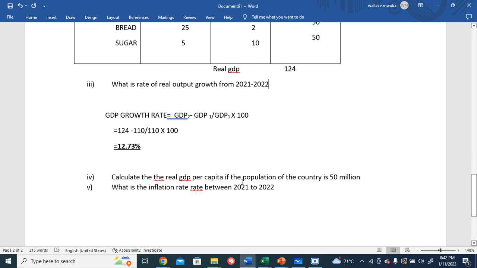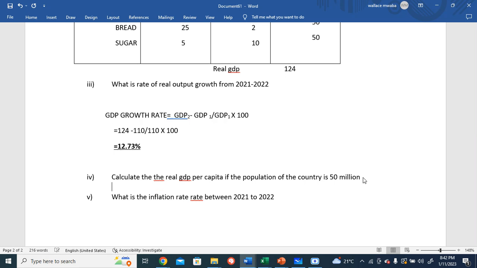All right, the next part is to calculate the real GDP per capita if the population of the country is 50 million. Real GDP per capita is basically real GDP broken down to each person.